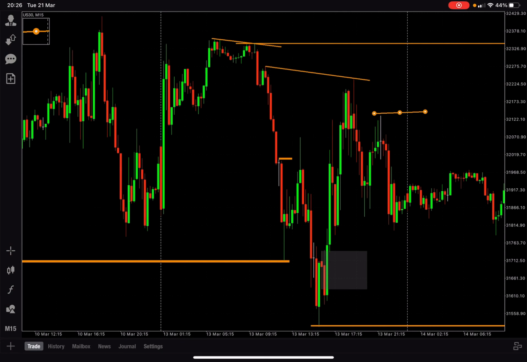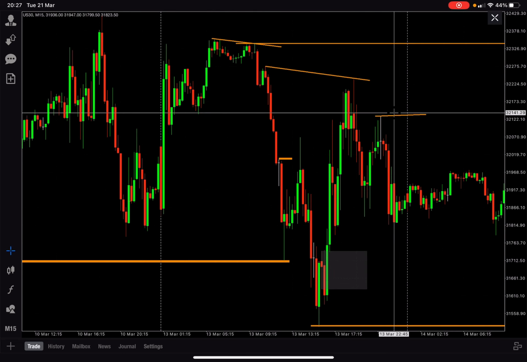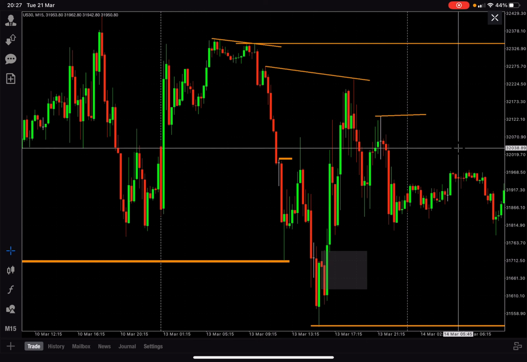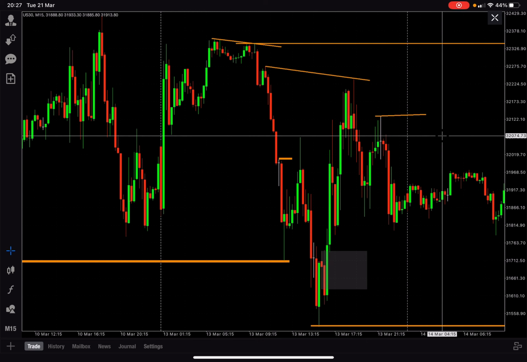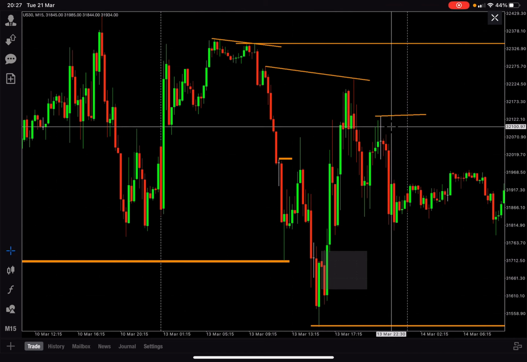So what price is doing is creating uncollected liquidity on the buy side, and then going for it the next day. So the more it leaves it, the more it's likely to target it over the next few days, because it's creating more and more liquidity on one side, and that's what it's doing here.